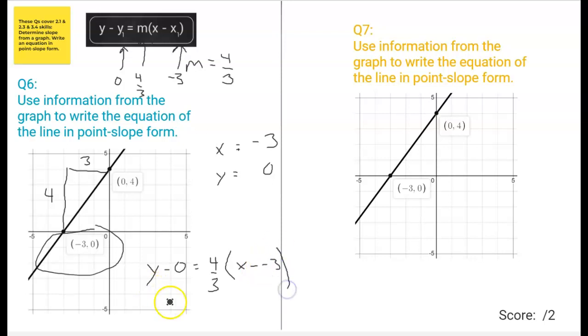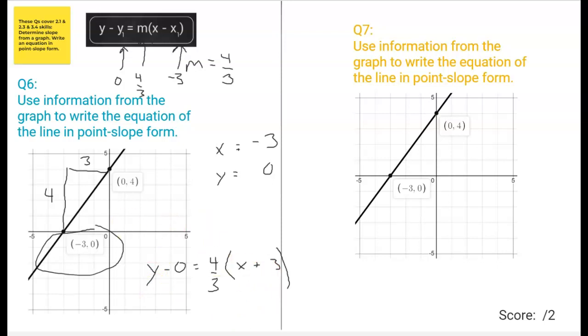And it's best practice to not have minus a negative, so I would rewrite minus minus as plus. All right, so now you've written your equation in point-slope form.